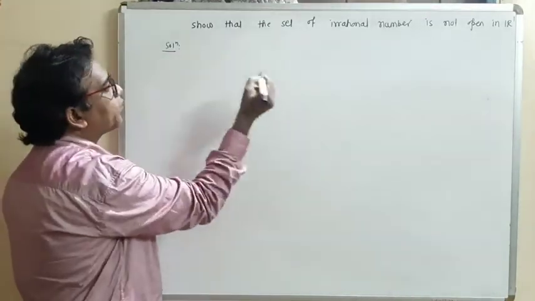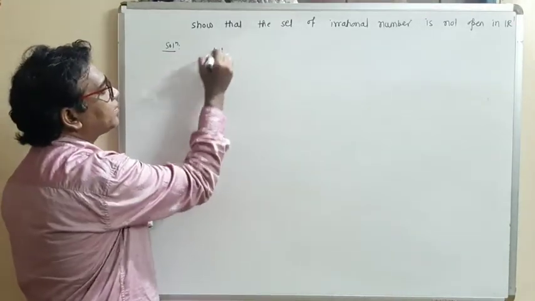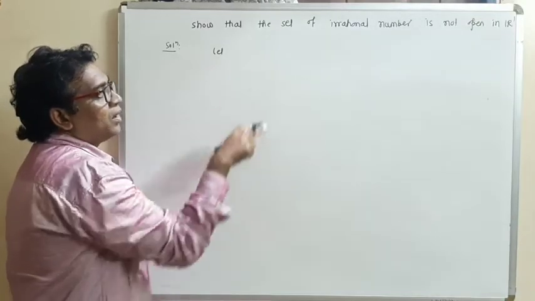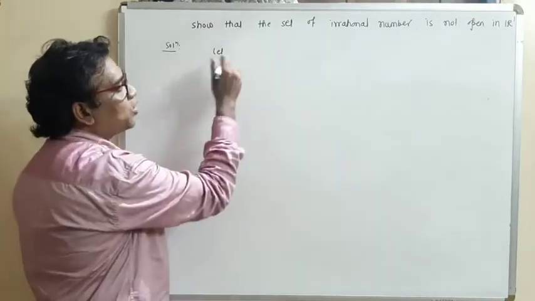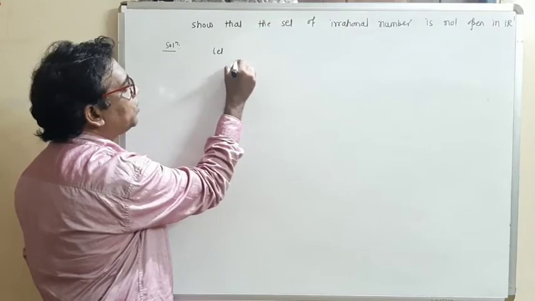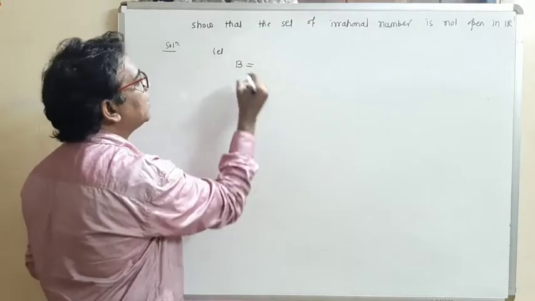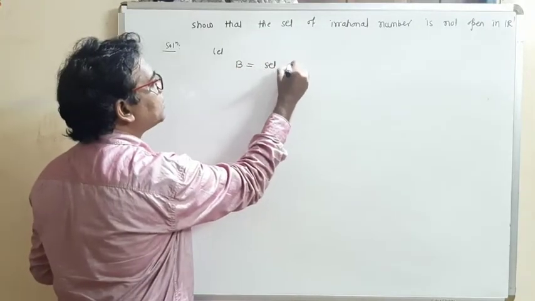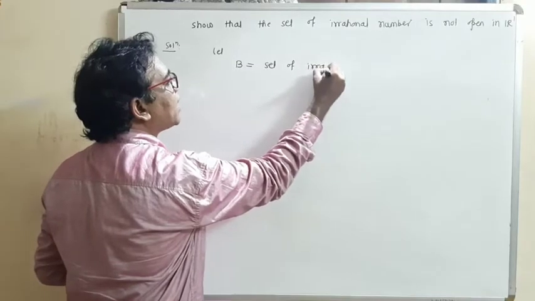So write down: let us suppose that the set of irrational numbers we denote by B. B is equal to the set of irrational numbers.